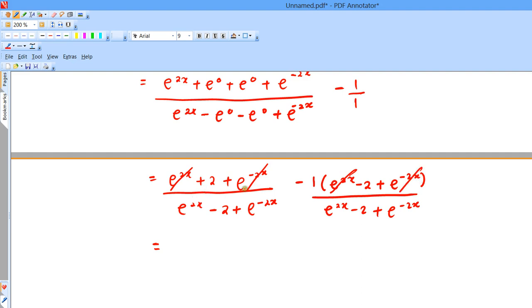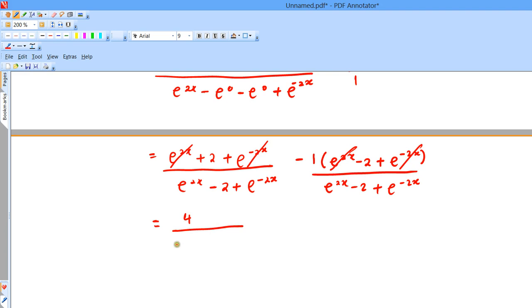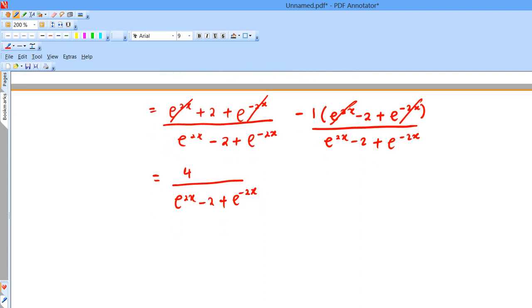So here we get 2 minus negative 2 equal to 4, and then over denominator e power of 2x minus 2 plus e power of negative 2x, and this term is actually equal to 2 over e power of x minus e power of negative x, square.